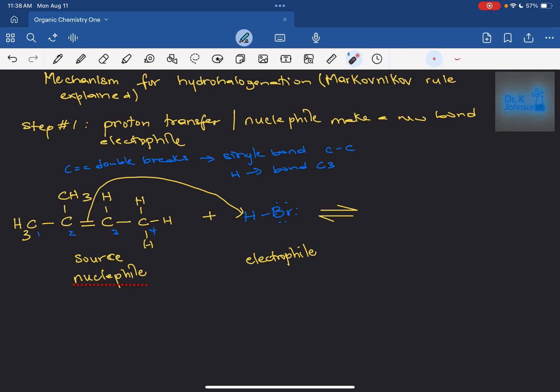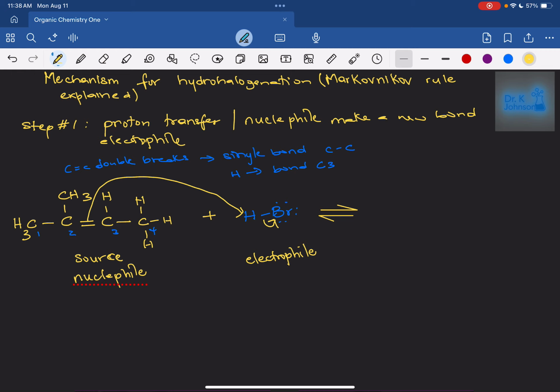Now, let's remember something here. If hydrogen is going to go with carbon 3, I need to show hydrogen breaking up with bromine. Remember how we break up? We steal the electrons. So these electrons are right now being shared between hydrogen and bromine. But for the breakup to happen, bromine has to take all the electrons to itself, right?